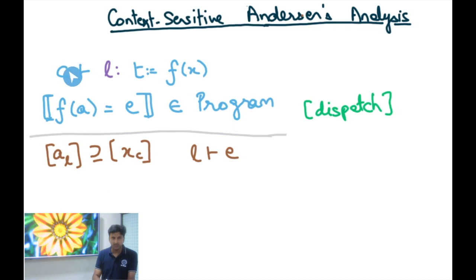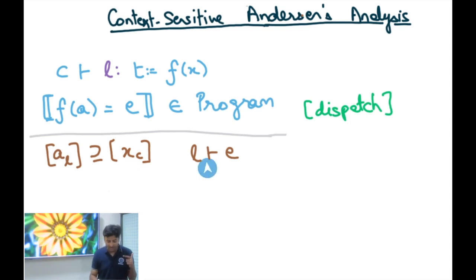The caller was executing in context C. The callee will start executing in context L, because I'm assuming a one-depth call context. Then I have to simulate the dispatch. In the dispatch, it copies the actual arguments to the formal argument. So I use the copy rule and just say update AL using XC. In other words, the outgoing edges of AL should be a superset of the outgoing edges of XC.